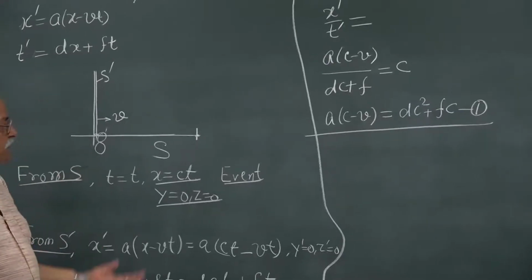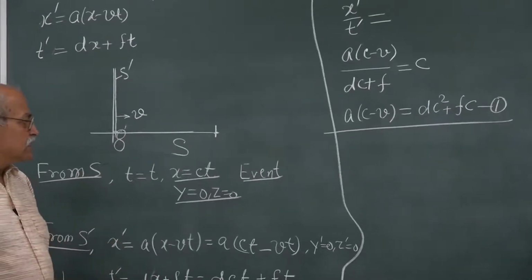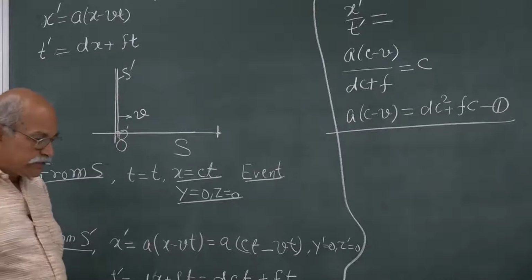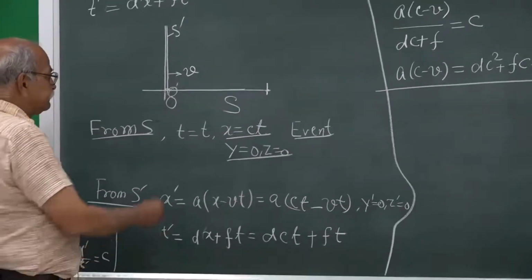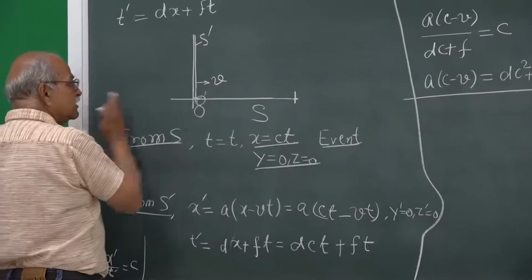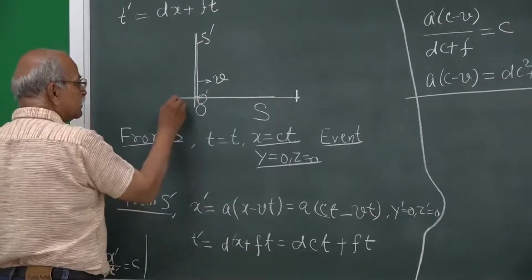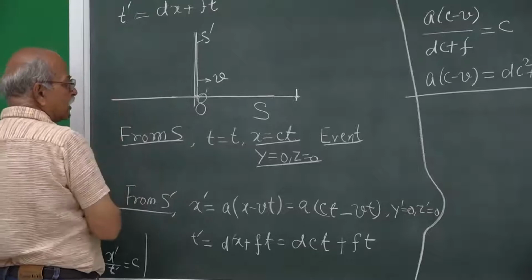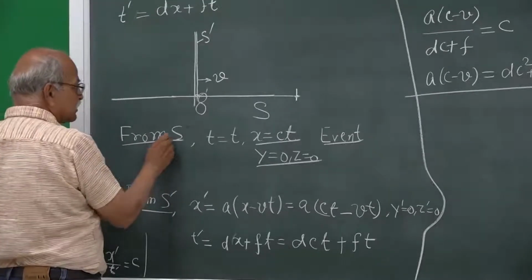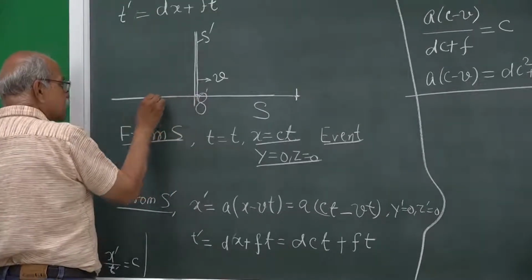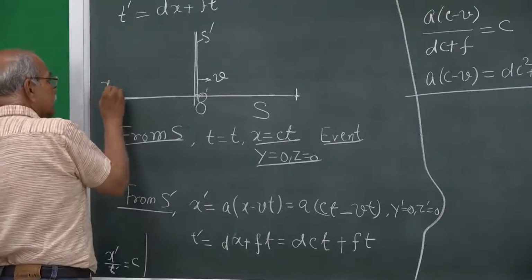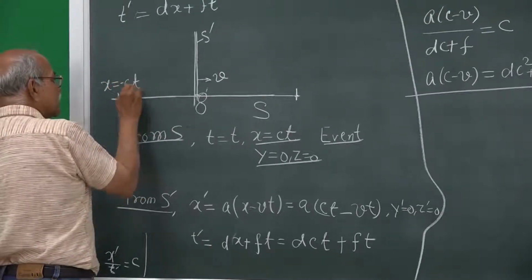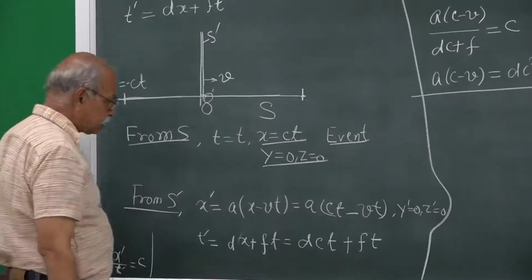Now, consider another event, and this event is that the pulse is also going, this radiation is also going in the negative x direction. So, as seen from S, the pulse has reached this point here, which is x is equal to minus Ct. The pulse has reached here at time t.